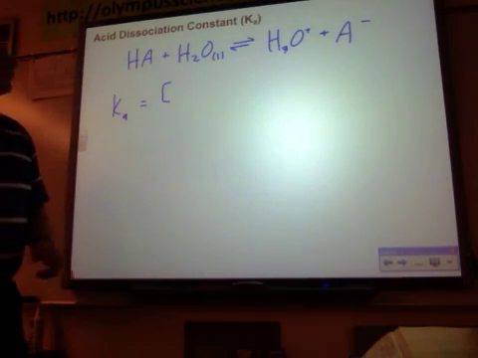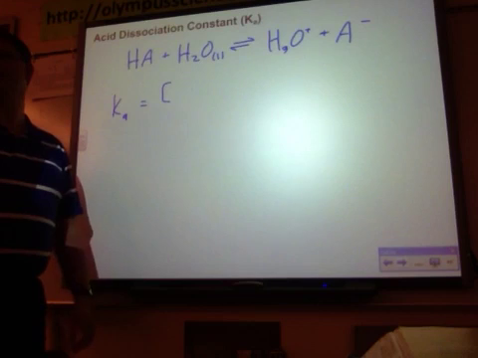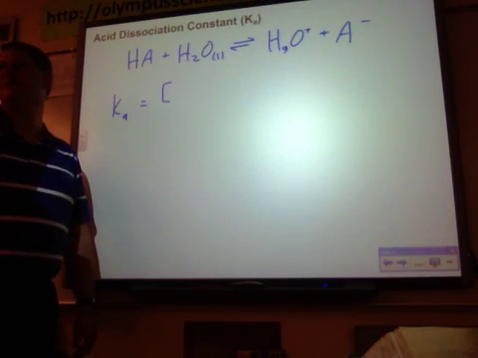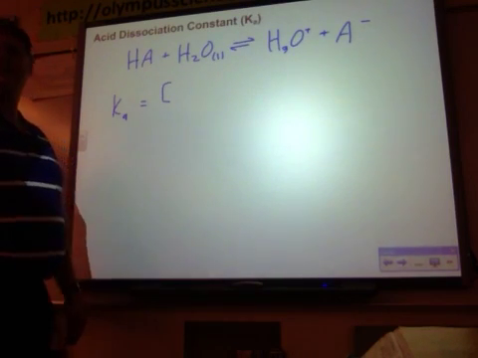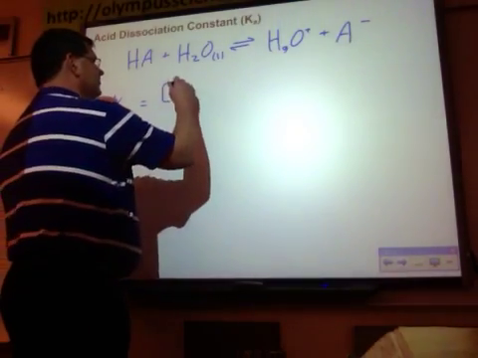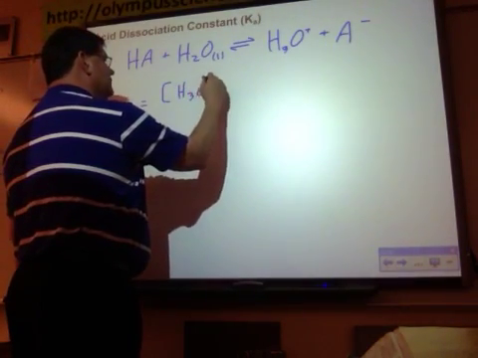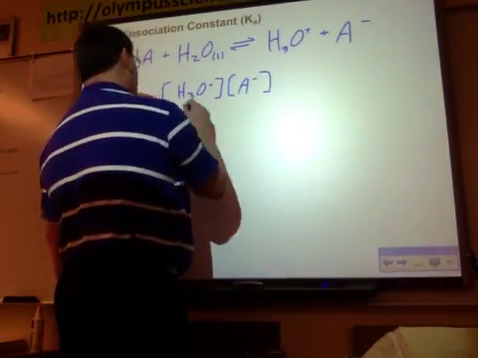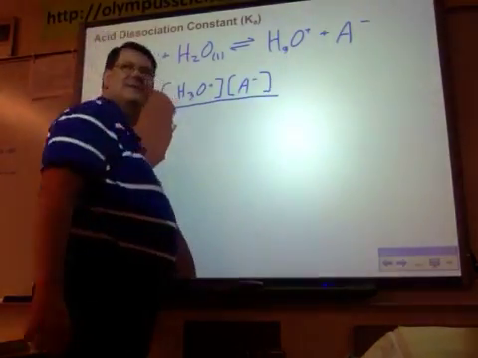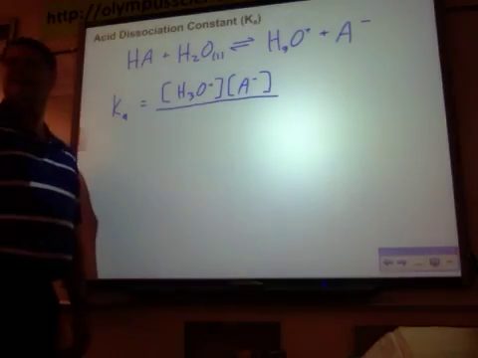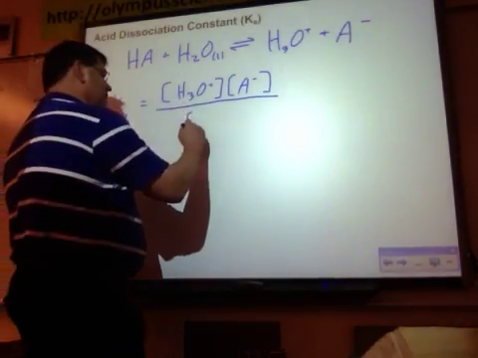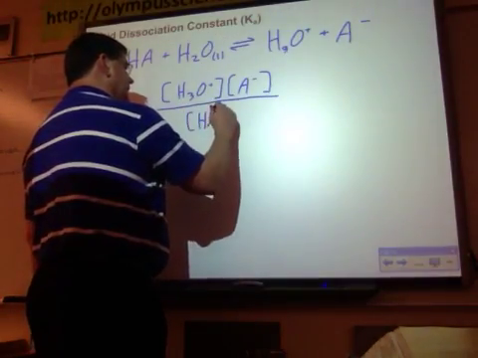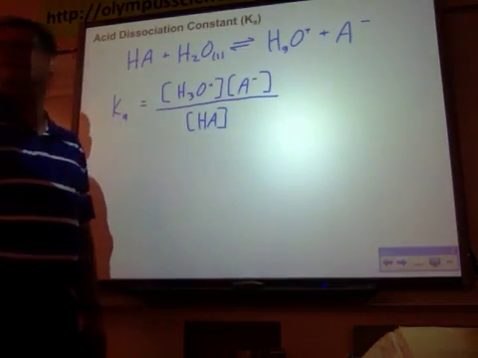So, what's the equilibrium expression Ka going to be then? Concentration of H3O plus, concentration of A minus, over what? Concentration of HA times H2O.